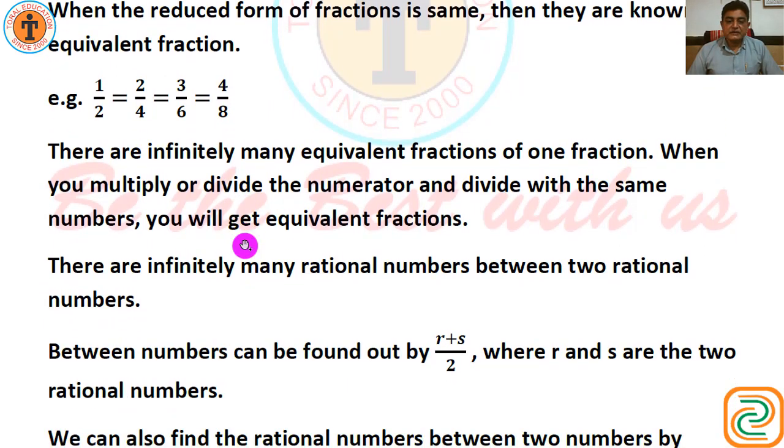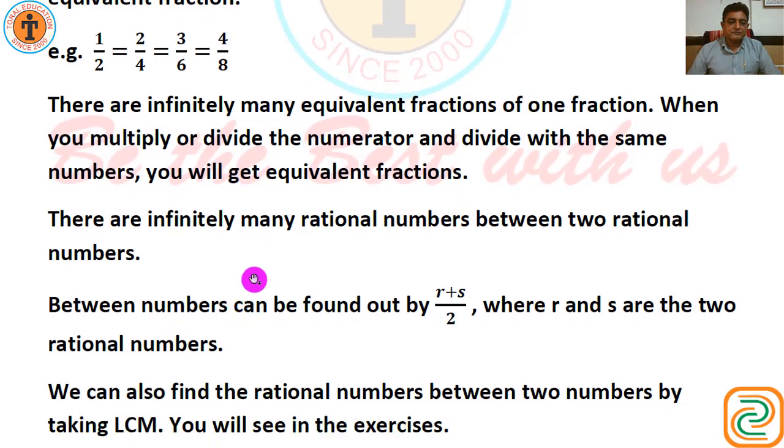There are infinitely many rational numbers between two rational numbers. P upon Q form is the rational form of the number. Then there are so many numbers between both, infinitely many. Numbers in between can be found by r plus s upon 2, where r and s are the two rational numbers.